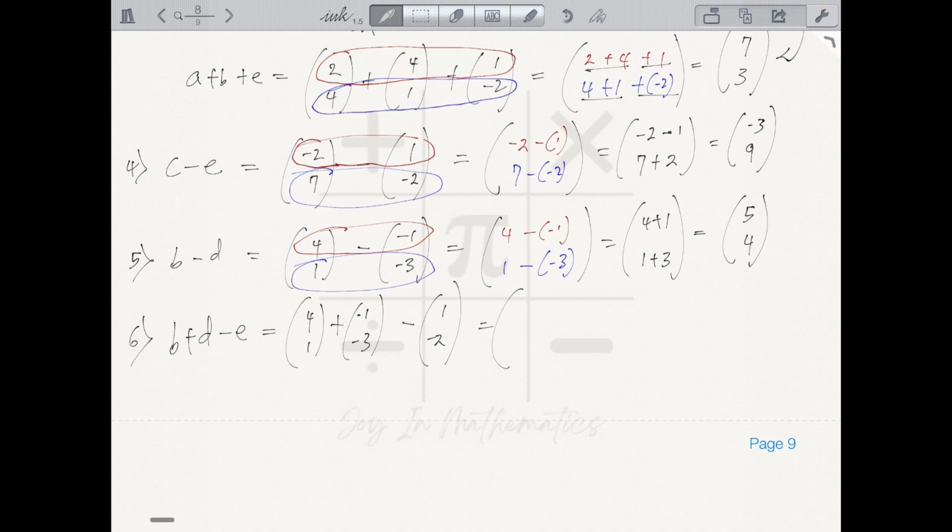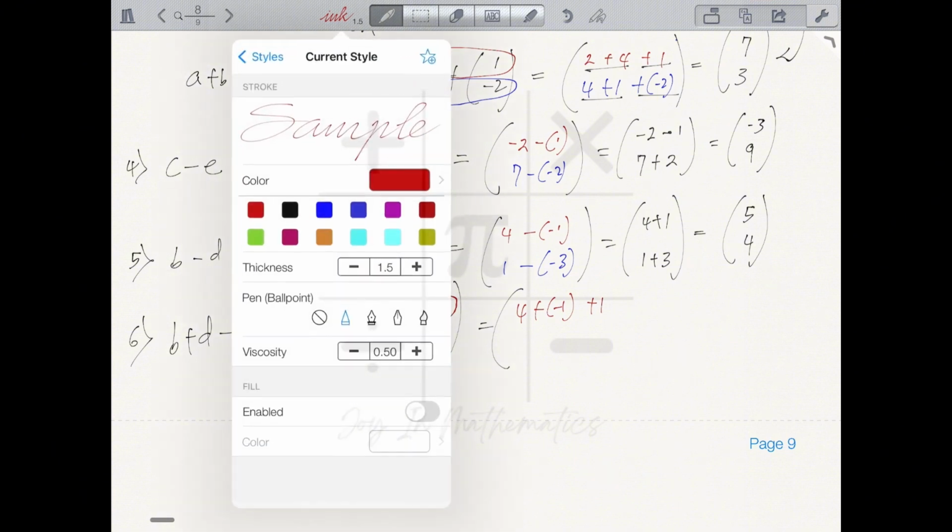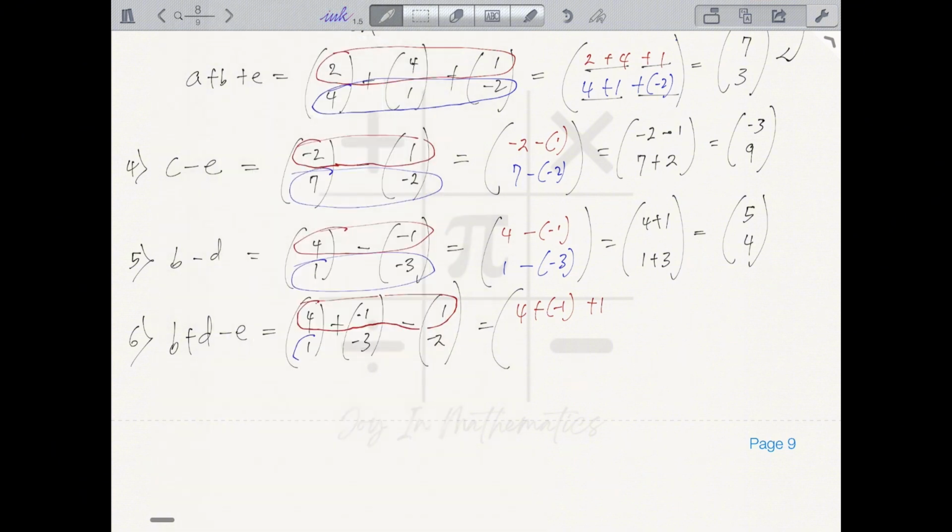We will do the x components. We will observe the signs between each vector. So this will give us 4 plus -1 plus 1, and the y components, 1 plus -3 minus -2.